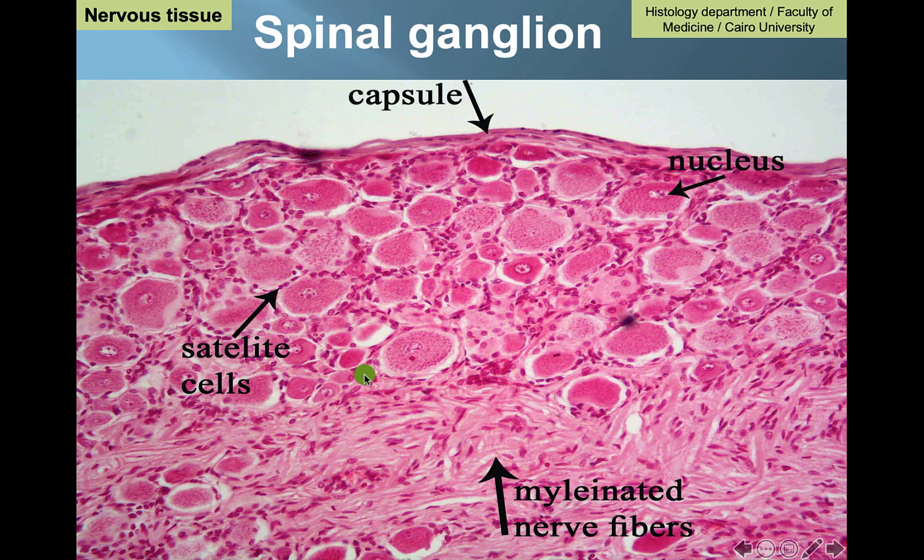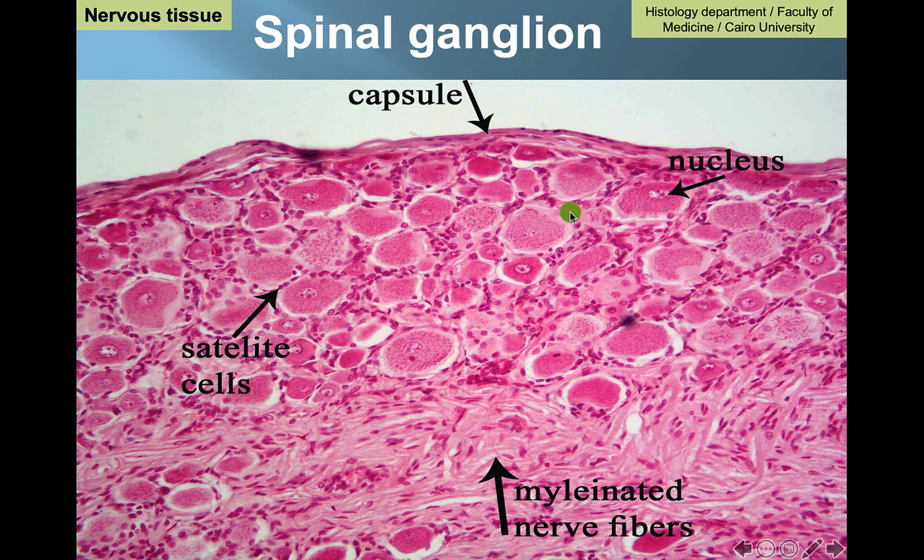Now try to label the different structures. Starting from the center, this is the nucleus. In the center of the nucleus is the nucleolus, and this is the cytoplasm here, full of granules. These granules are Nissl granules, and then we have the surrounding cells, which are called satellite cells.